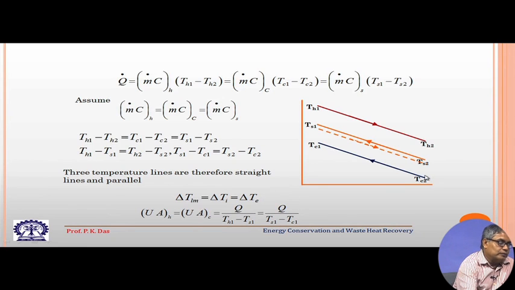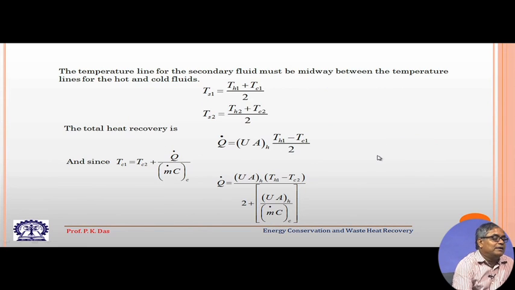This follows. So, that is what we have written, that TS1 is equal to (TH1 plus TC1) by 2 and TS2 is equal to (TH2 plus TC2) by 2. So, total heat recovery is Q dot, that is equal to UAH times (TH1 minus TC1) by 2.